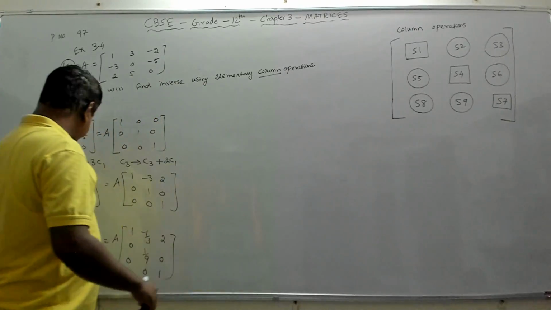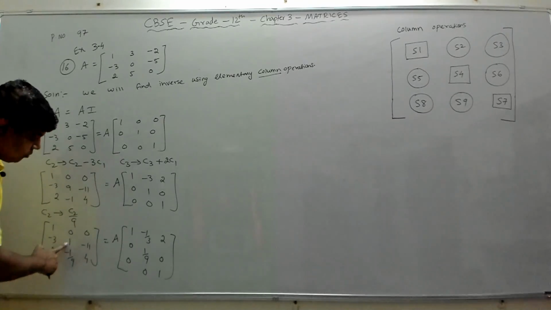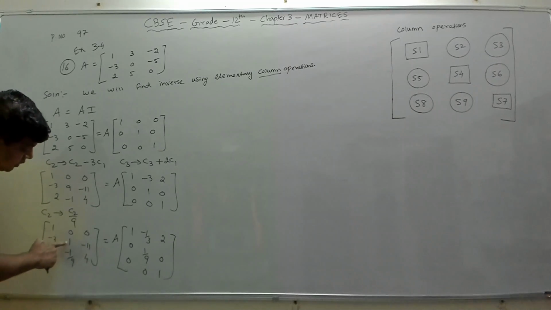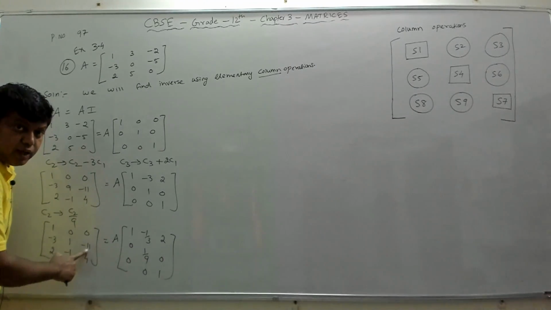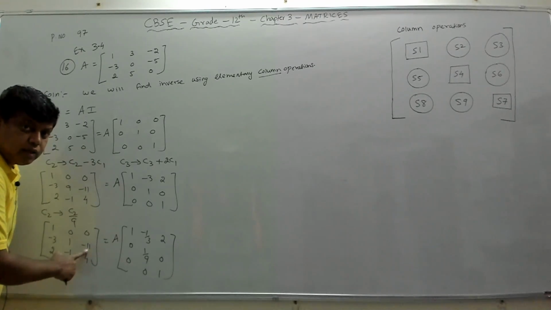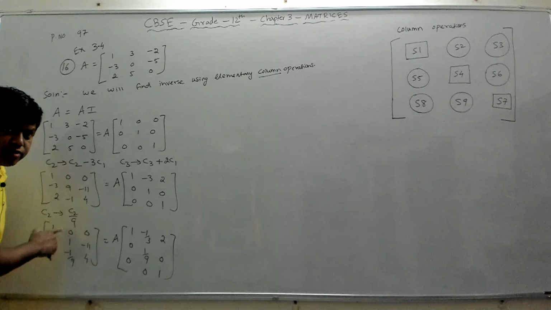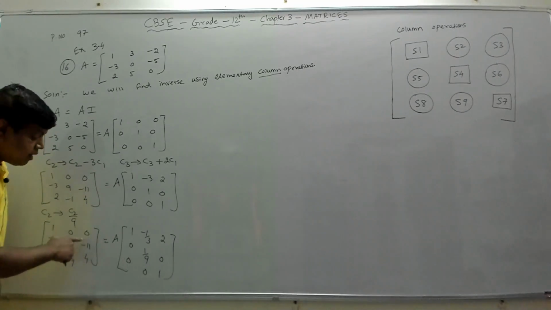So how do I make this 0 using 1? This is in C1, so C1 is C1 plus 3 times C2. And to make this 0, which is C3, I will say C3 implies C3, which is minus 11, plus 11 times 1. And this is in C2. So I will say C3 implies C3 plus 11 times C2.